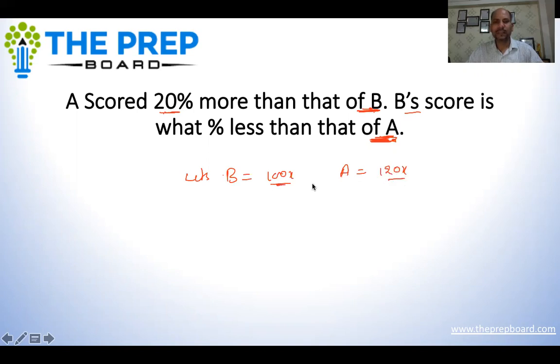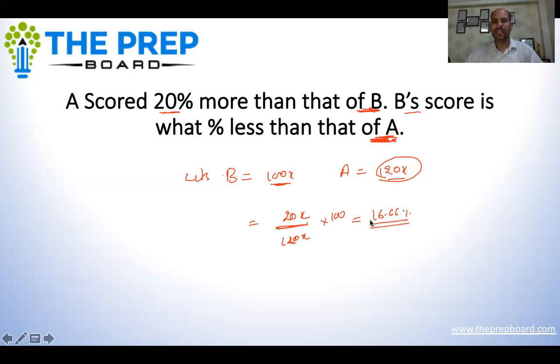Now they are asking B is what percent less than that of A. So now we can see clearly B is 20 less than A. If we want to find the percentage, we have to divide this by the reference, which is 120. And then we have to multiply this by 100 to get the answer, which is 16.66%.